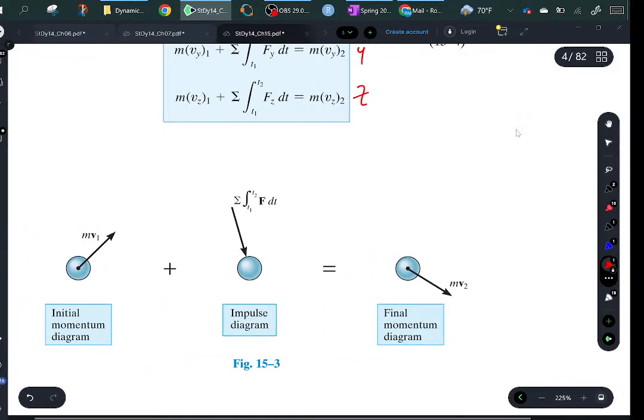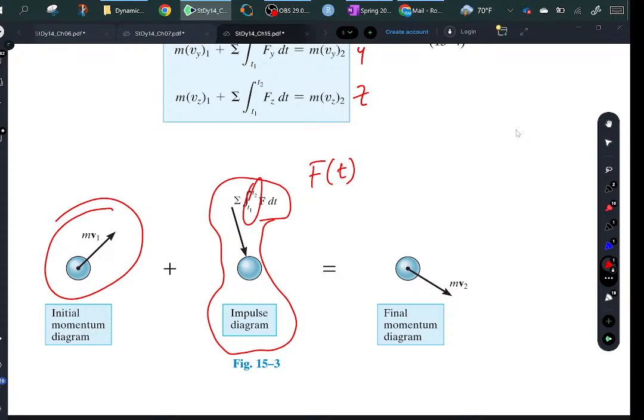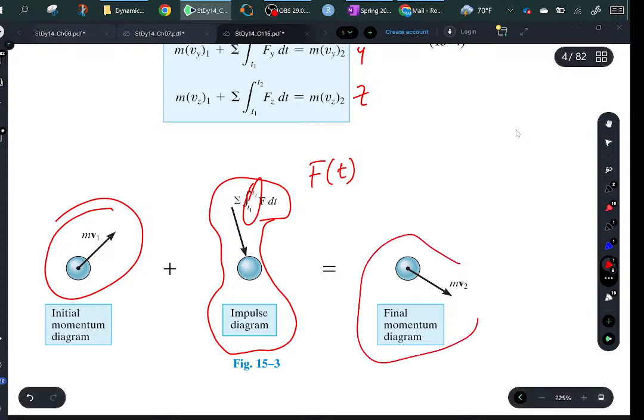So he shows you that you might have a particle heading in that direction during a period of time, T1 to T2. There's a force which does not have to be constant. It can be variable, and you'll have the final position. So not only can it be variable, it can change.